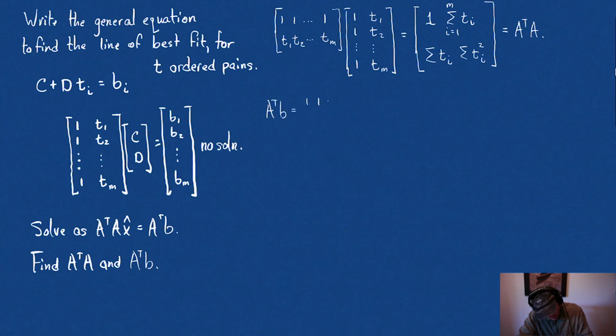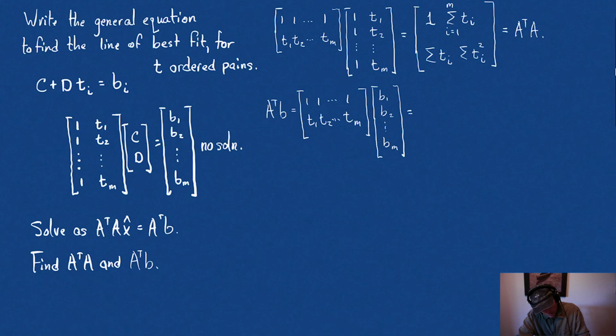1, dot, dot, dot, 1, T1, T2, dot, dot, dot, Tm, and then we're going to have B1, B2, dot, dot, dot, B sub M. Well, that's going to be 1 times b1 plus 1 times b2.